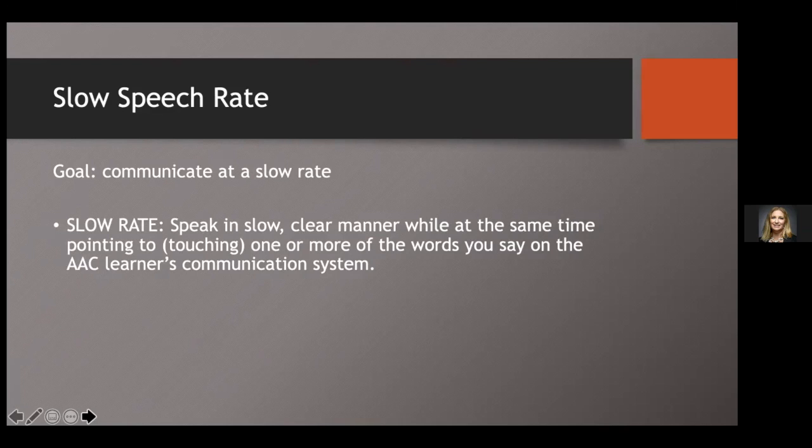Whether that's a low-tech AAC like a communication book, a mid-tech AAC like GoTalk, or a high-tech like an iPad with Proloquo2Go or Words for Life. So that's really important, and we're going to keep emphasizing how important it is that all communication partners are familiar with the device itself.